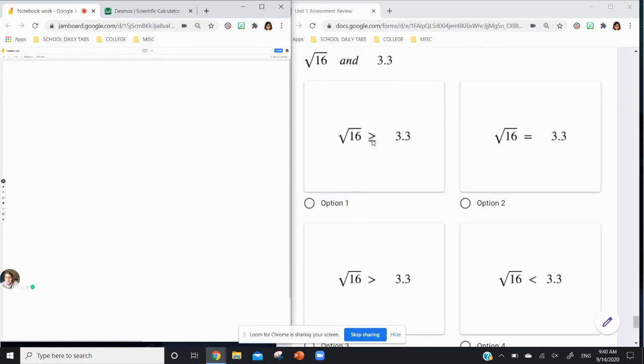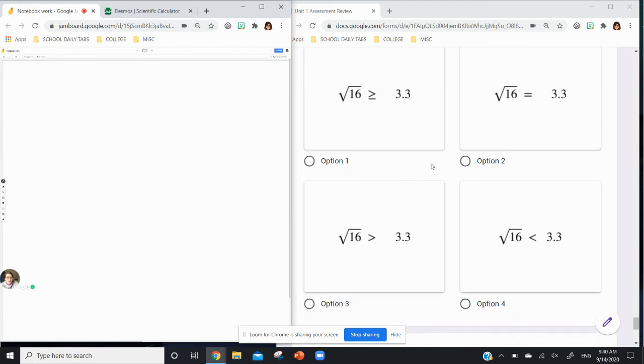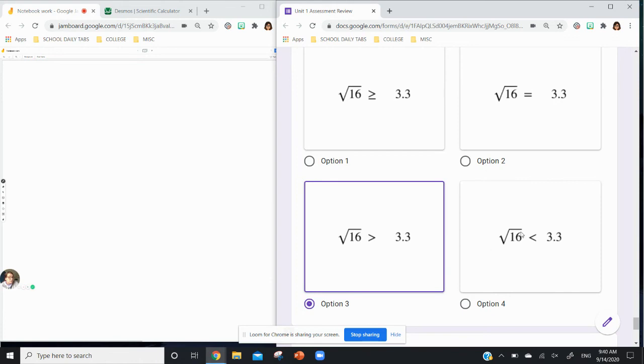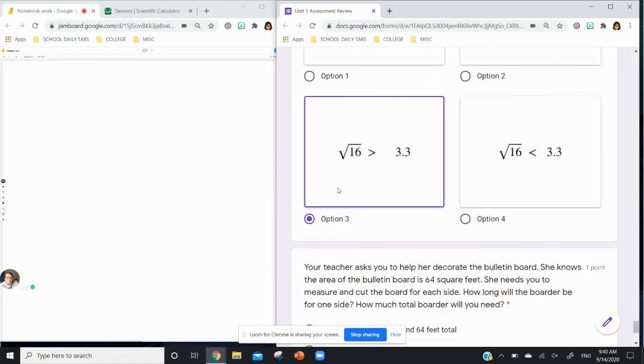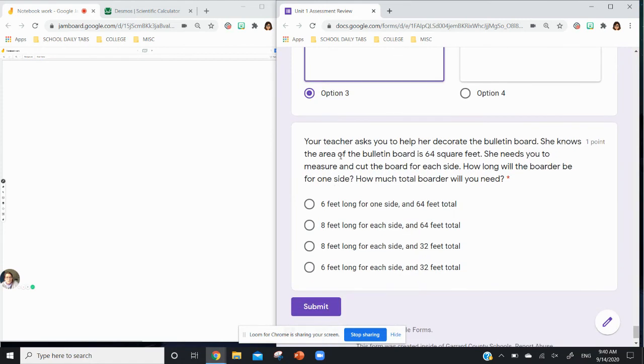This has greater than, but it says equal to. Well, 4 and 3.3 are not the same, so that's not it. They're not equal to each other. This one says 4 is bigger than 3.3, so this looks like the right answer. But just to check, this one says 4 is smaller than 3. That doesn't make sense. Okay, so last question.